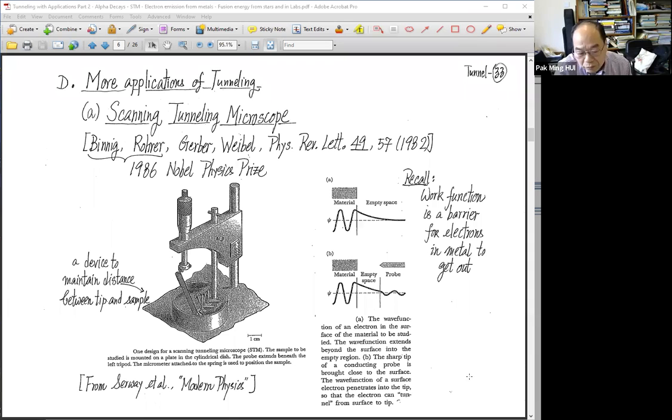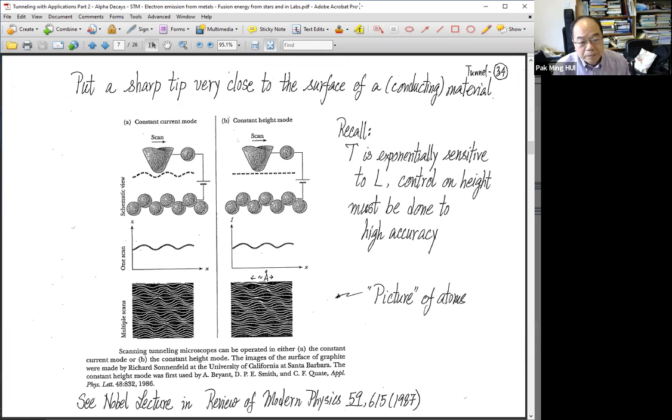Okay? So, what can we see? I just discussed these two cases in particular. The usual way to do it is the constant current mode.